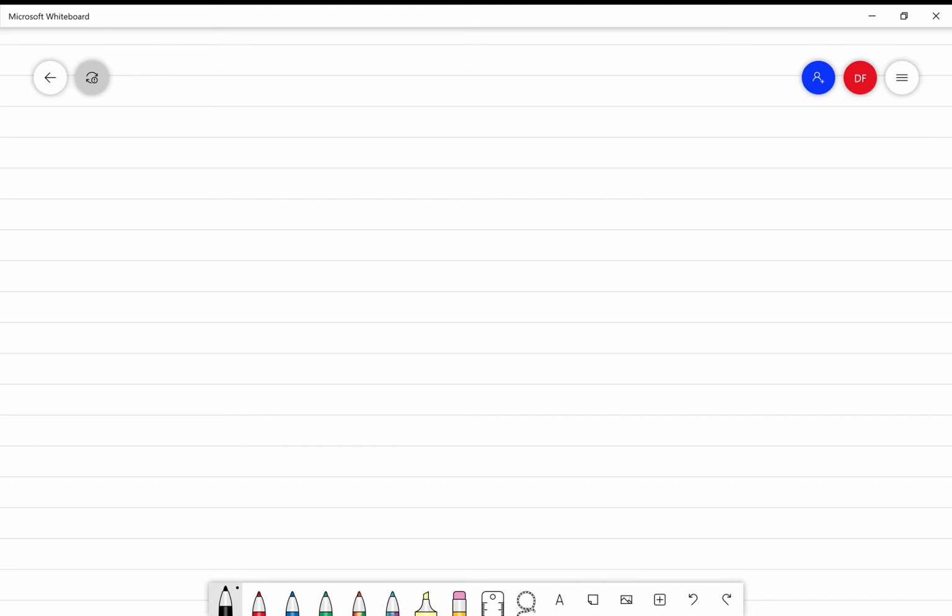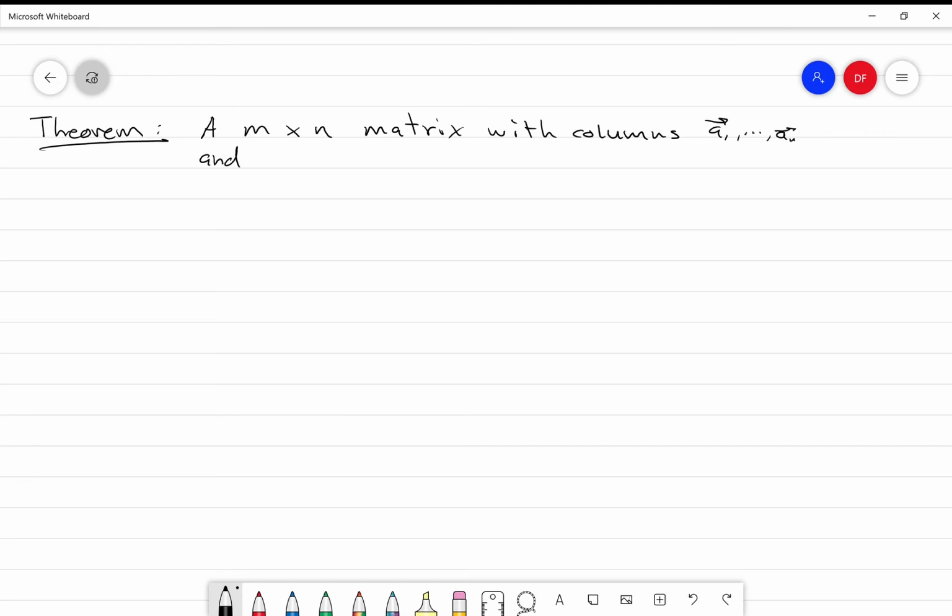So let's present the following theorem. Let A be an M by N matrix with columns A1 to AN, and let B be a vector in M-dimensional space.